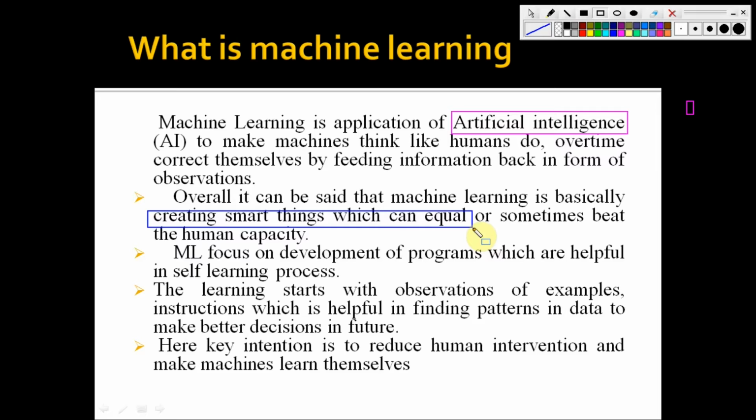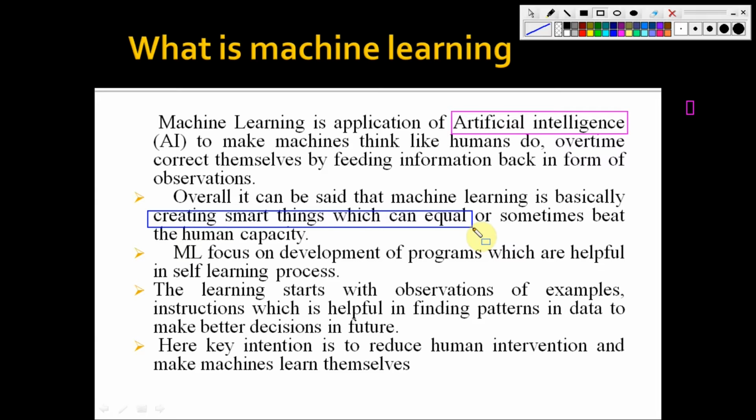The learning starts with observations of examples and instructions, which is helpful in finding patterns in data to make better decisions in future. If you want to understand it better, think of a kid and how it starts learning. Let us say it is starting to learn how to walk. It will not directly walk. First it will observe someone, how they are walking, and after that it will try once, then it will fail, so it will correct itself in the next step.